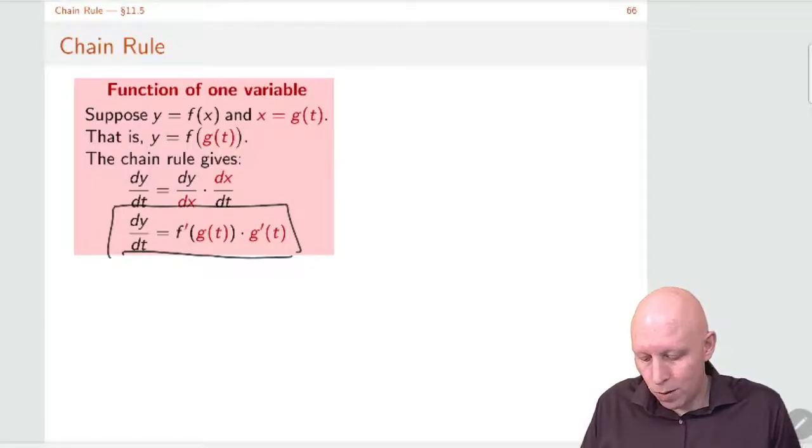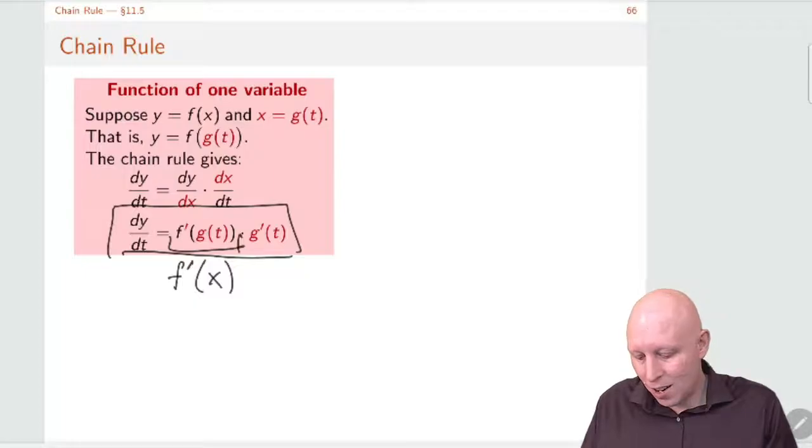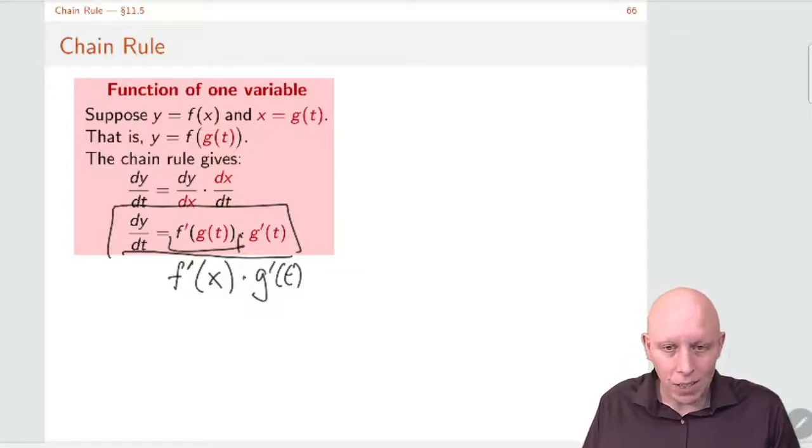Right? And so what's the other way to think about this? It's the derivative with respect to x of y times the derivative with respect to t of x.